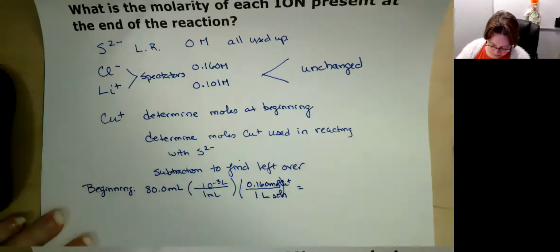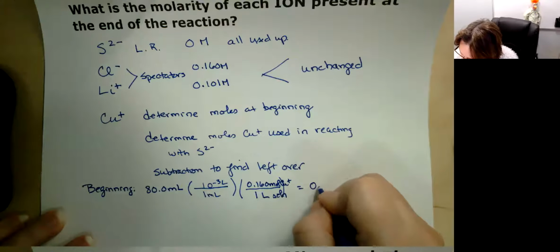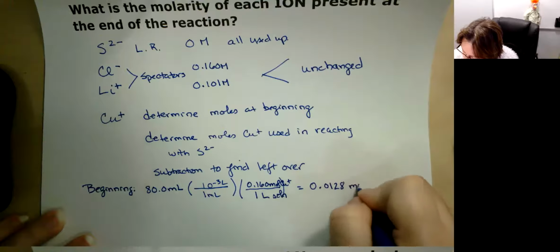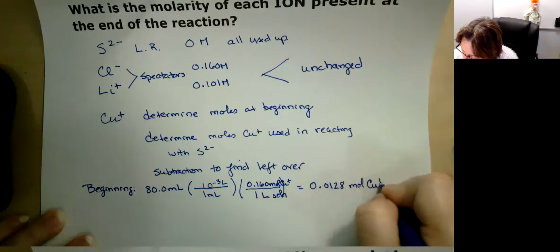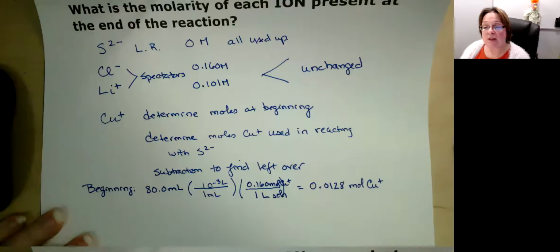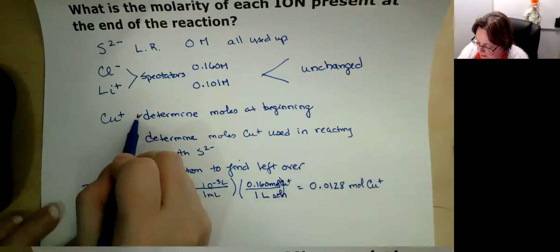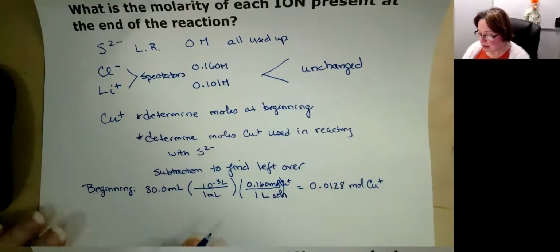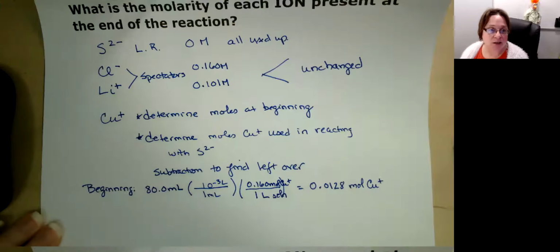If we do our calculations, we can find that at the beginning, there was 0.0128 moles of copper ion. That was our initial amount, which is not quite helpful all by itself. We need to do the second part. We need to figure out how many moles got used up reacting with all of the sulfide ion that we started with.